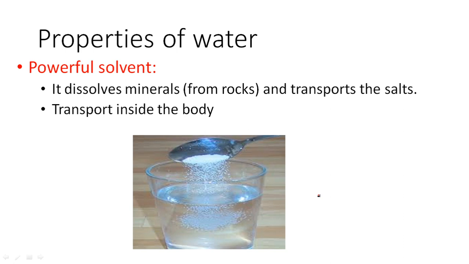The first one is a powerful solvent. That means that it can dissolve minerals and transport these minerals in the water, by rivers, for example, or transport substances inside the body of living things.